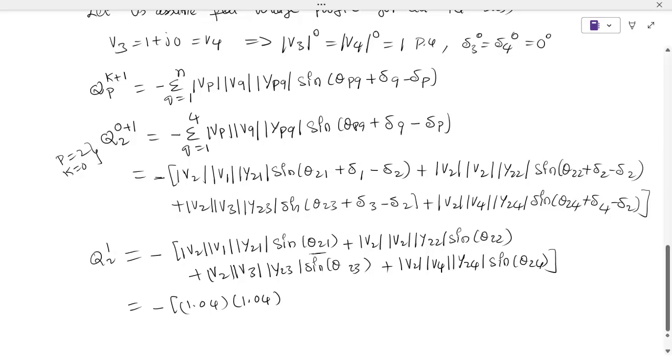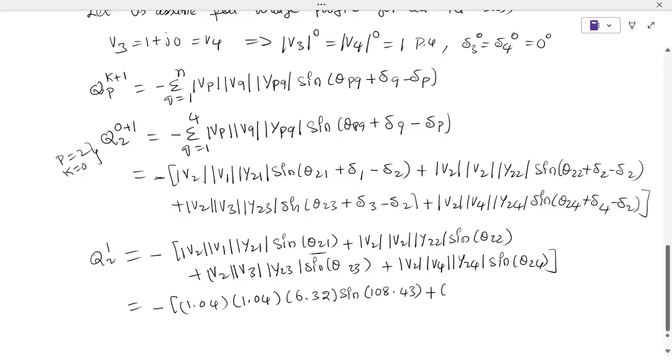Now here Y21 is 6.32. If you want, you can refer back to the Y bus matrix. Into sin theta 21, which is 108.43 degrees, plus this one.